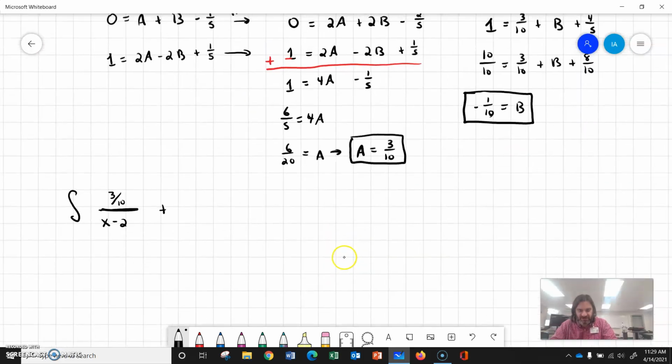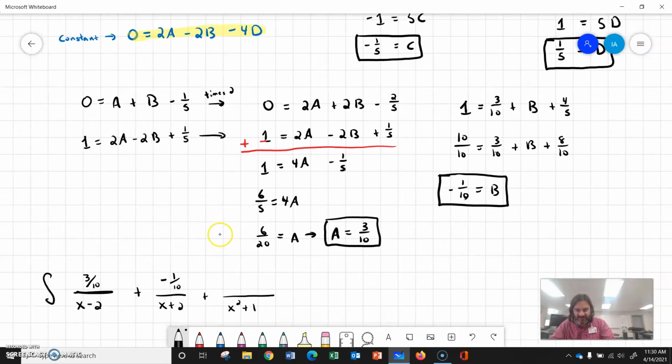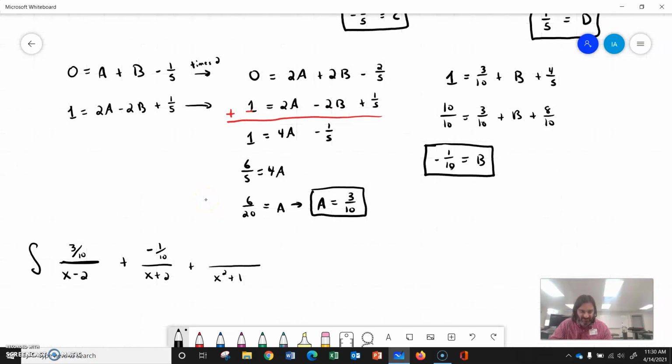So b is negative 1/10 over x plus 2, and the last one is over x squared plus 1, and that would be cx plus d, so that would be negative 1/5 x plus 1/5. And we'll have to integrate this in the next video.